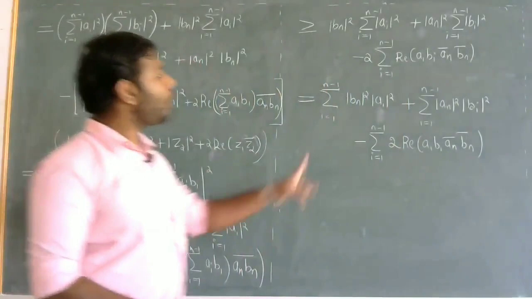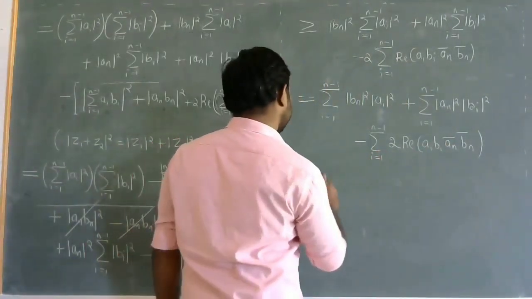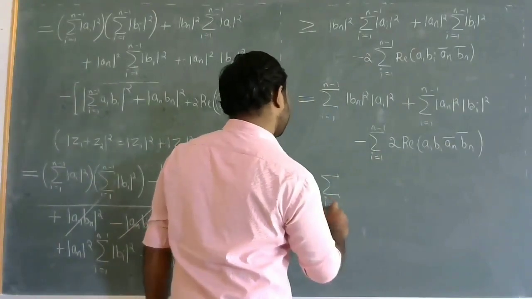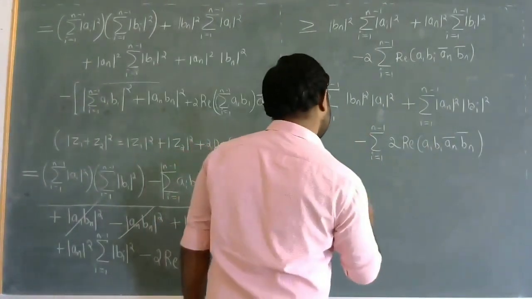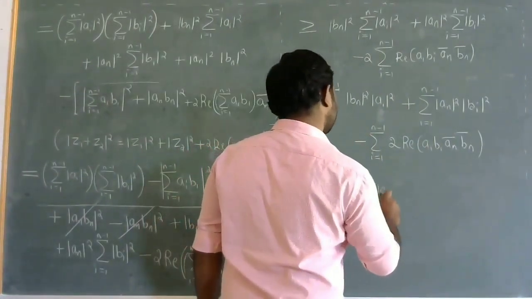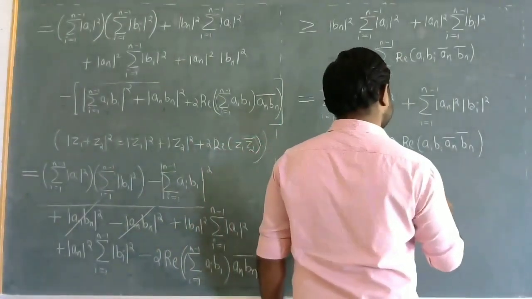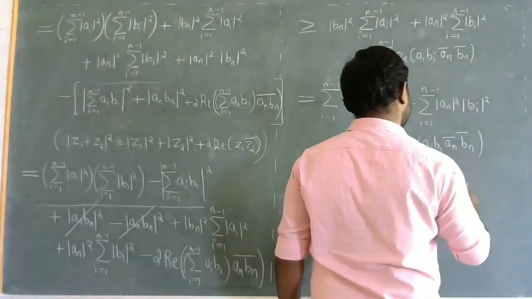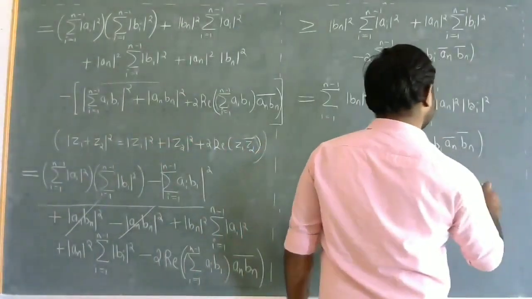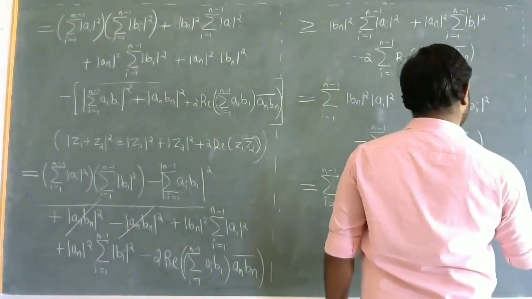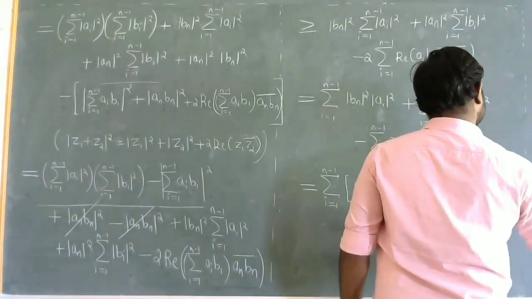For all these terms summation is common, so we can combine the summation. So summation i running from 1 to n minus 1 of the terms. First term is modulus of bn whole square into modulus of ai square, plus modulus of an square into modulus of bi square, minus 2 into real part of ai bi an bar bn bar.